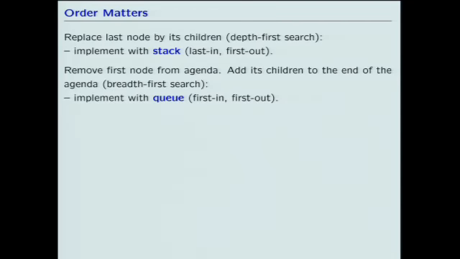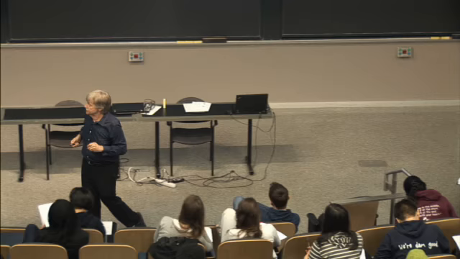And the two that epitomize the two extreme cases are what would happen if I replaced the last node by its children, or what would happen if I removed the first node and put its children at the end. Those two structures have names because they happen so often. We'll call the first one a stack and the second one a queue. The stack-based is going to give us depth first. The queue-based is going to give us breadth first.